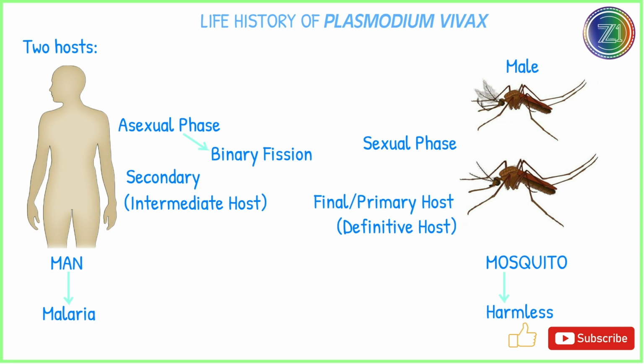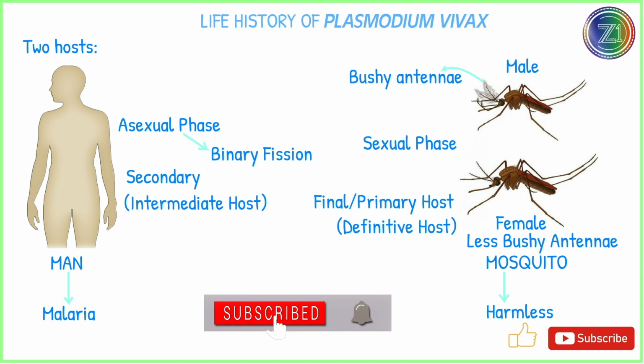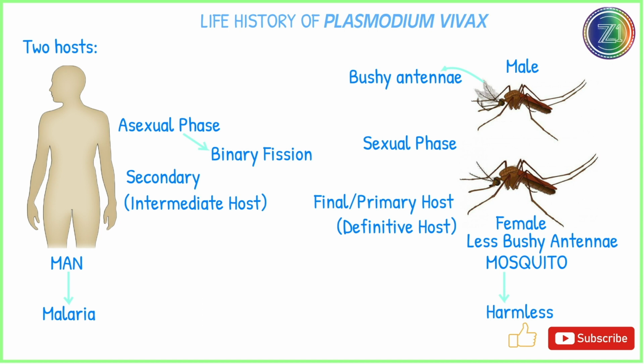Male antennae are very bushy, whereas in females they are not that bushy, comparatively less bushy. So on the basis of the antennae, you can differentiate between male and female anopheles, right?